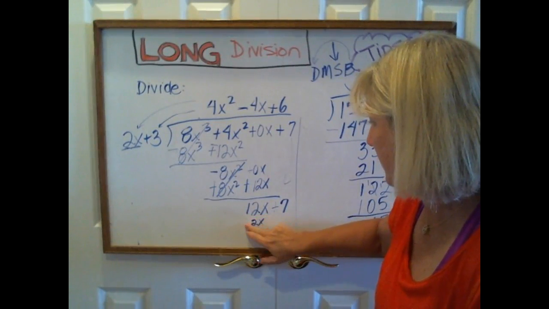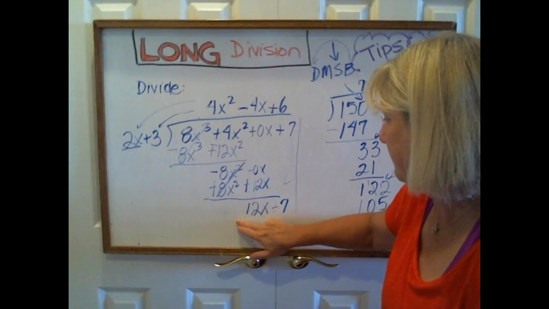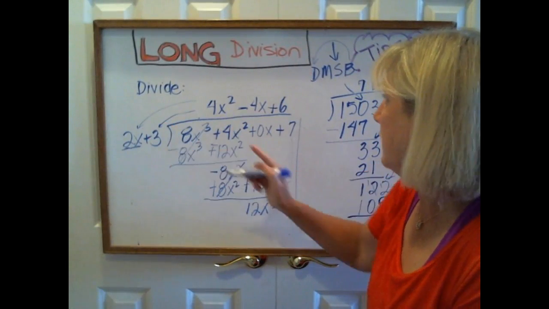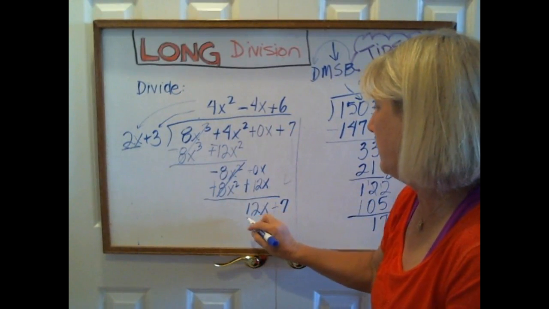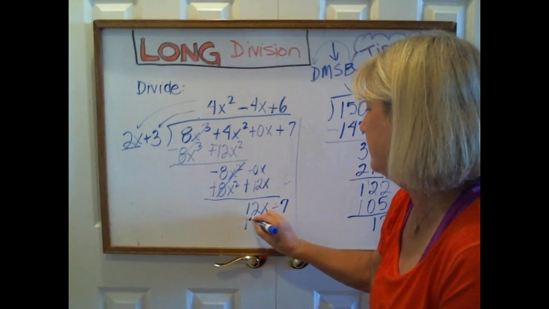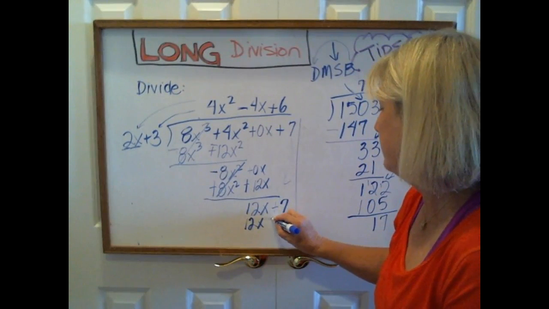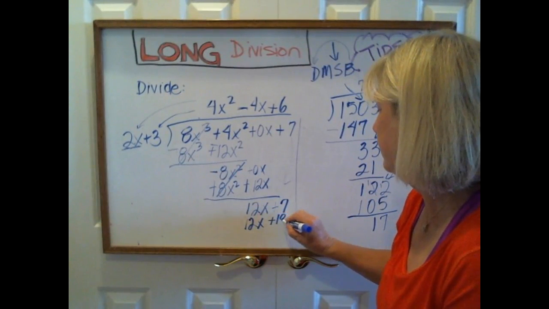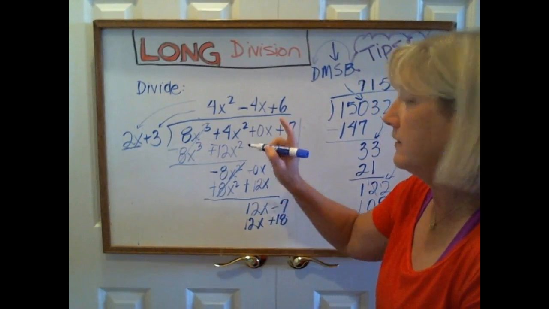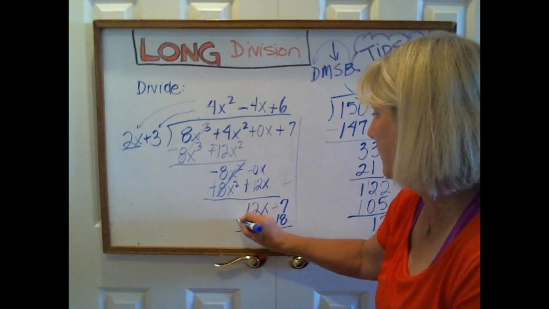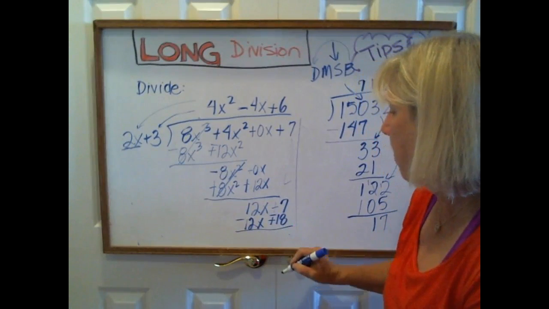And so I'm going to erase this. And now I'm going to multiply. So the 2x times 6 is going to be 12x. Notice that matches again. Then I have the 3 times 6 is plus 18. So now the subtraction part is change the signs.